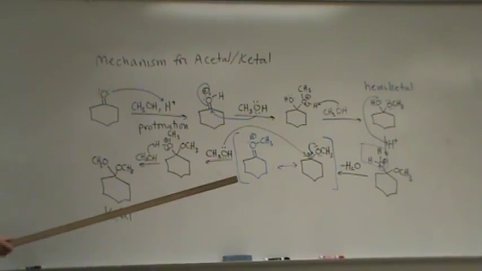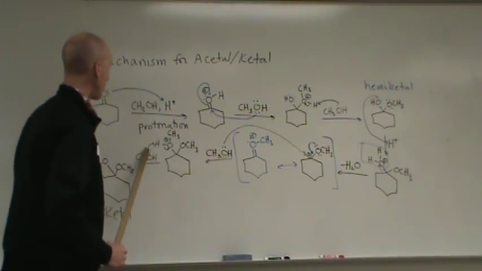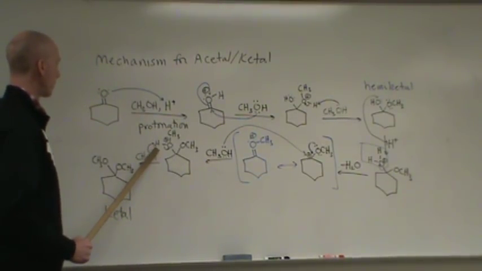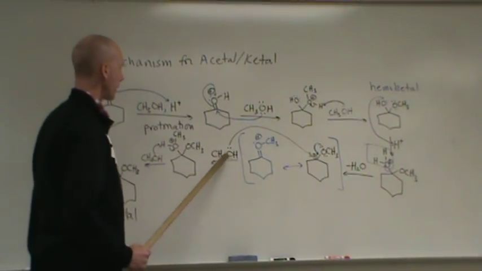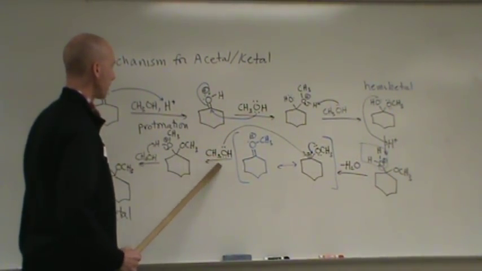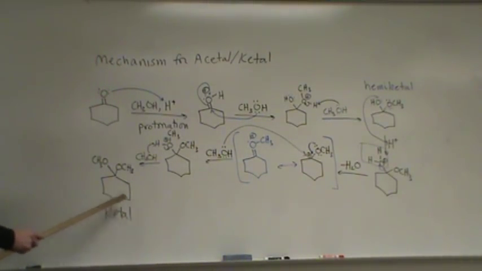Could we have used water instead of methanol on this step here, on that one and the one before? On this step here, you could use water or methanol to remove the acidic hydrogen. But not here. Here I need to use my second alcohol because I'm trying to form the ketal.